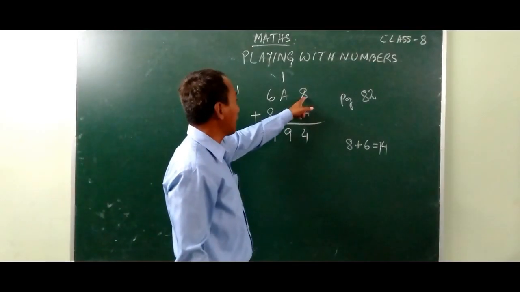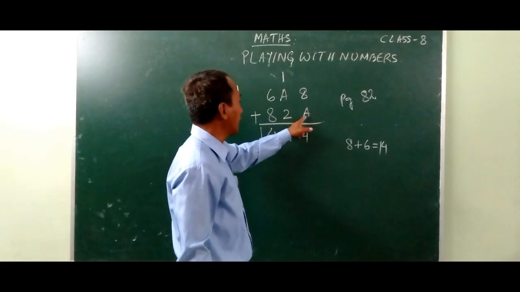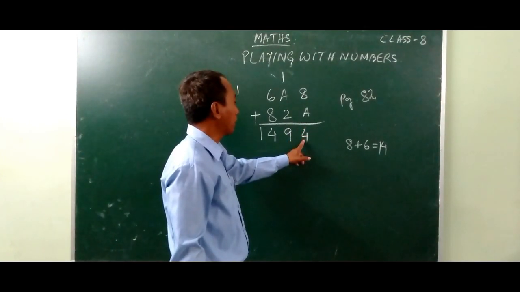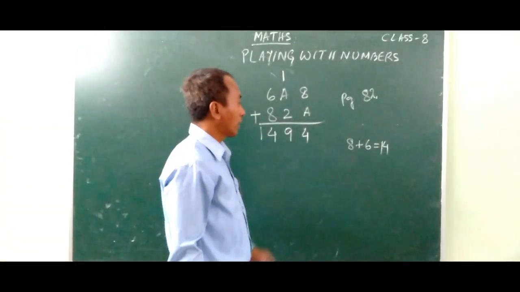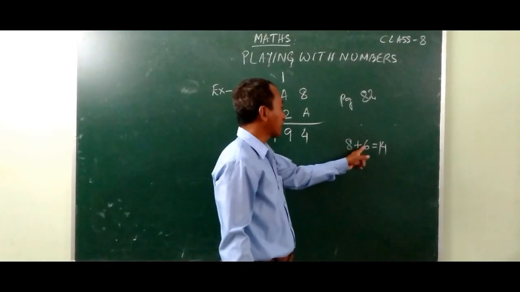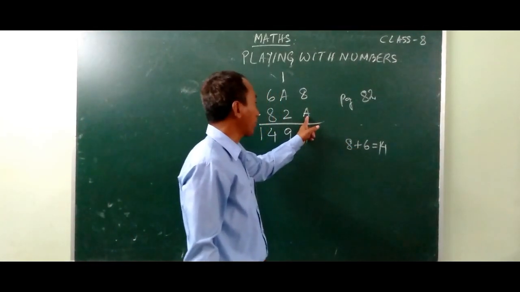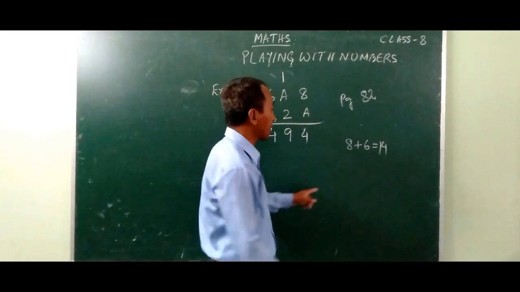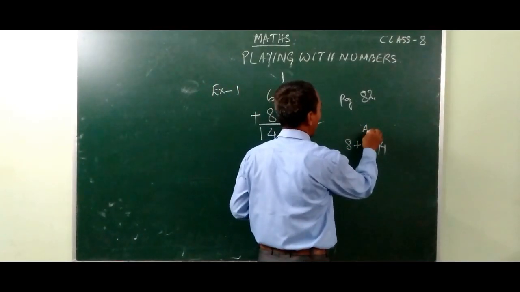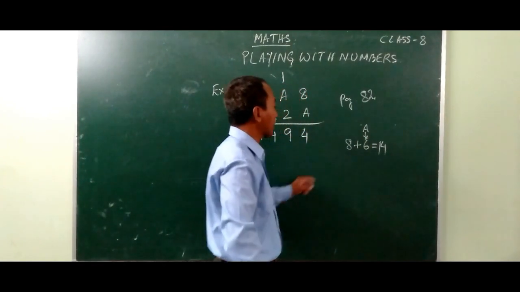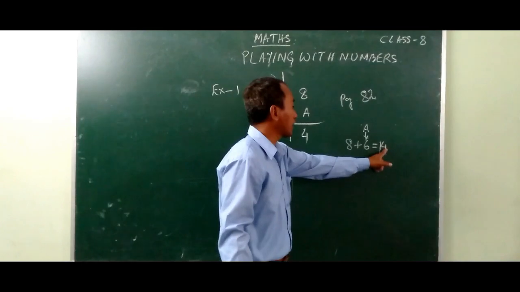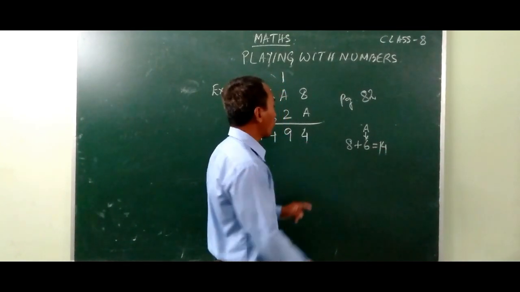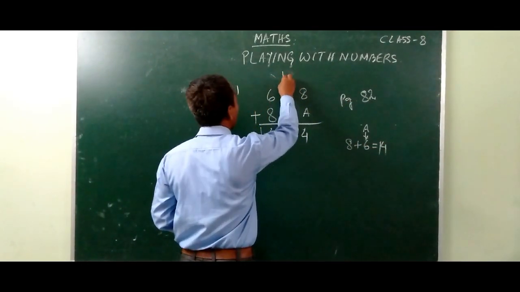Here, if you add 8 and A, the unit digit you should get is 4. So what is this alphabet A? Let us take 8 plus 6, that is, in place of A we put 6. 8 plus 6 is 14, so the unit digit is 4 and 1 is carried over.